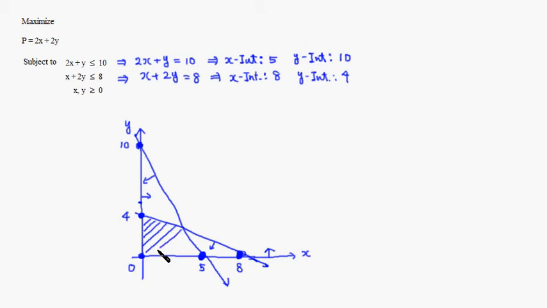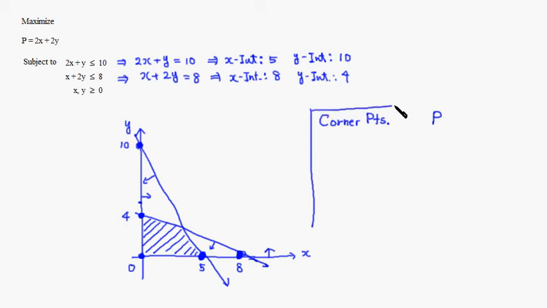All right, so we have a feasible region. Let's find all the corner points. Here are our corner points. Then we want to list the corresponding P-value, so let's make a table.